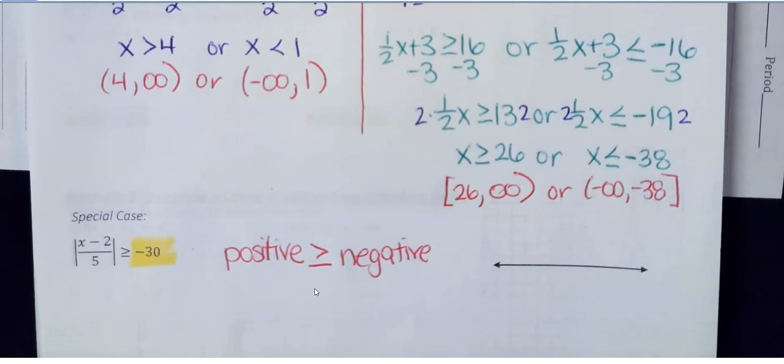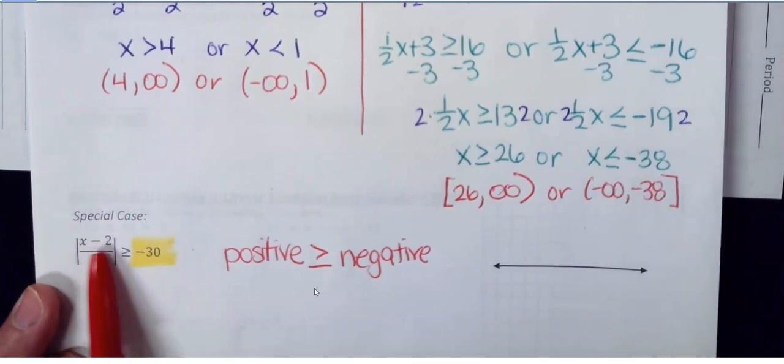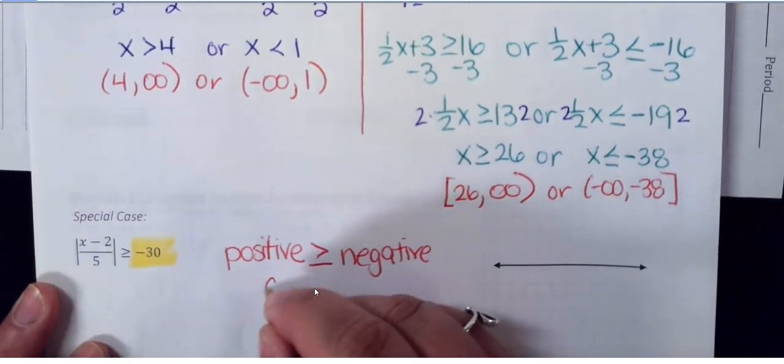Is a positive number always bigger than a negative number? For sure. Some people get thrown off here by the or equal to. It's never going to be equal, but a positive number is always greater than a negative number. The or equal to part doesn't have to match. Whatever you plug in for x here, it will always make this true. This is always true.